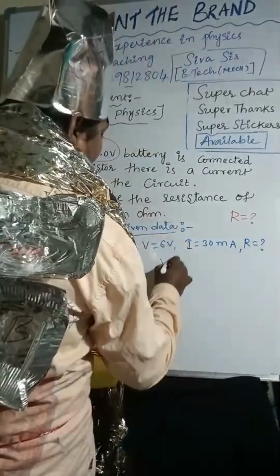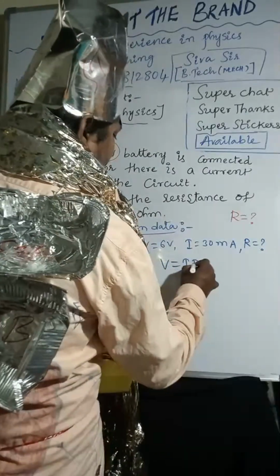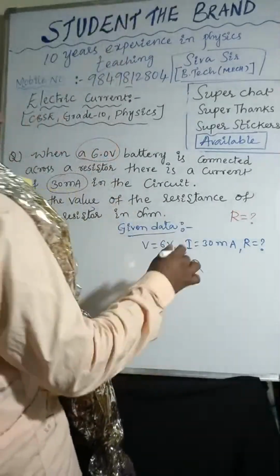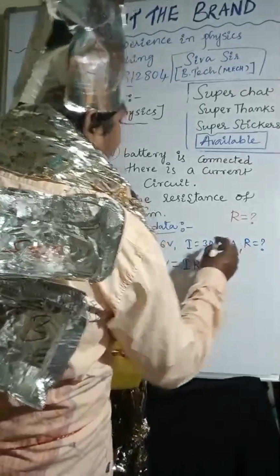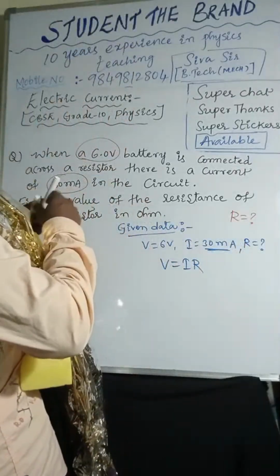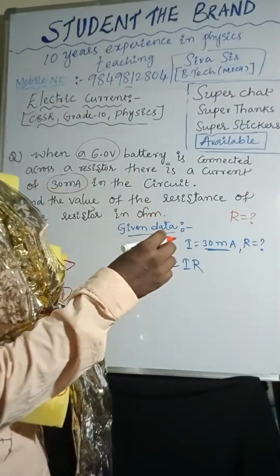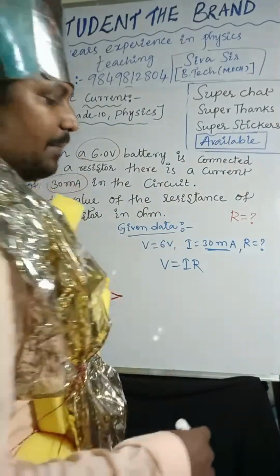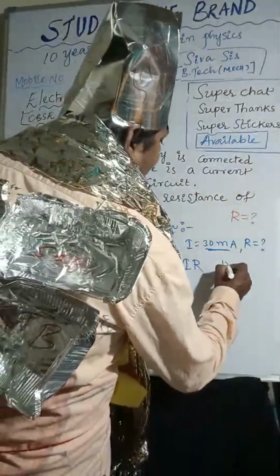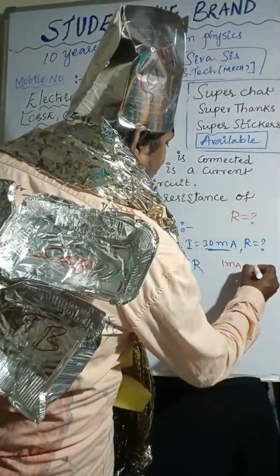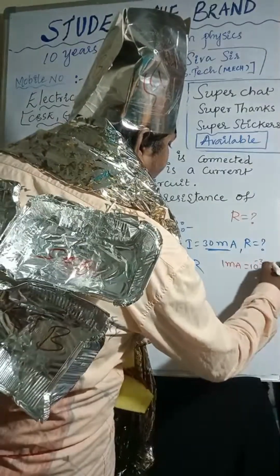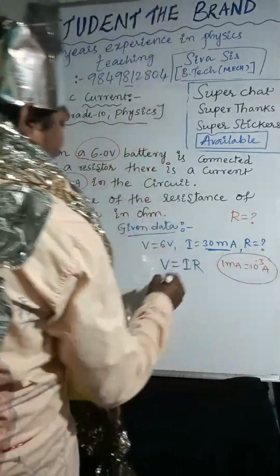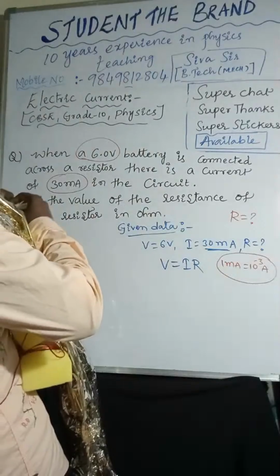Now the V equal to IR formula we can take. But the point is here 30 milliampere is given, so we need to convert. 1 milliampere equal to 10 power minus 3 ampere. Now substitute the values.